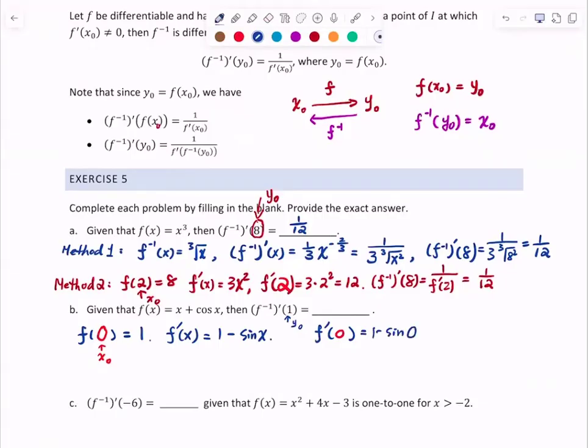What's sine of 0? 0. And then we do what we are asked to find. The derivative of f inverse at 1 is 1 over the derivative of f at 0, which is 1 over 1. It has the same value in this case.